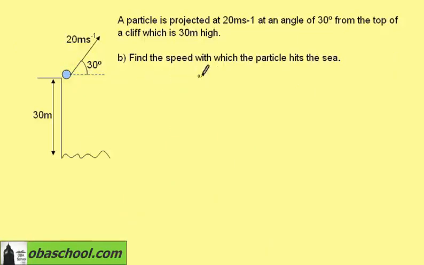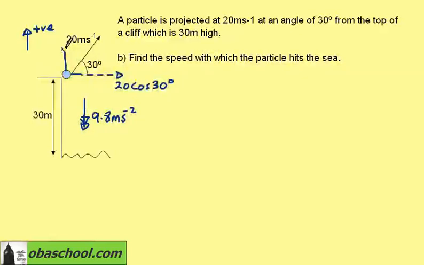We now want to find the speed with which the particle hits the sea. Again, upwards is positive. Gravity we know is downwards, and 9.8 meters per second squared. The horizontal component is 20 cos 30, and the vertical component 20 sin 30.